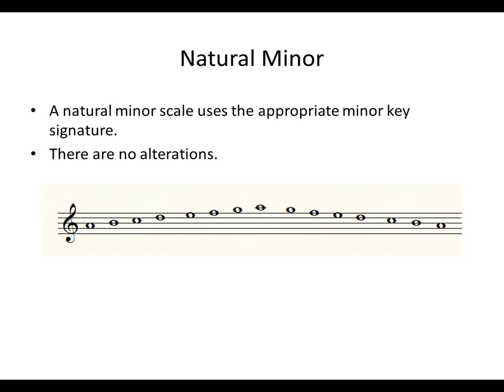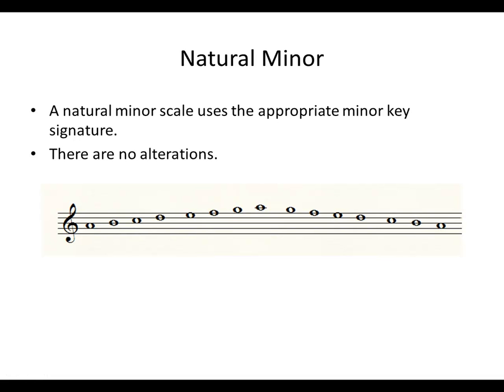Distinctive characteristics of a natural minor scale are the half step between the second degree of the scale and the third degree of the scale. This is what distinguishes a minor scale from a major scale in the first part of the scale.